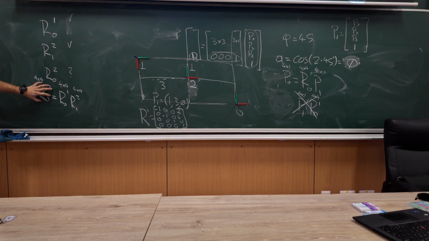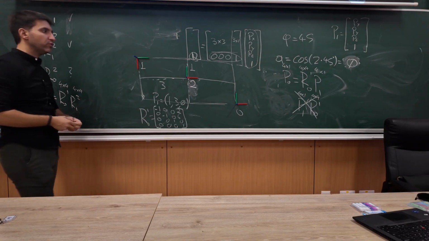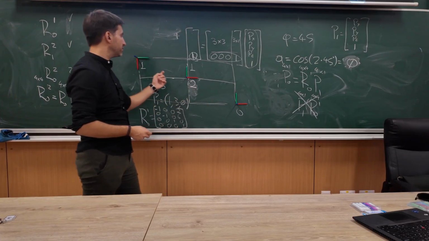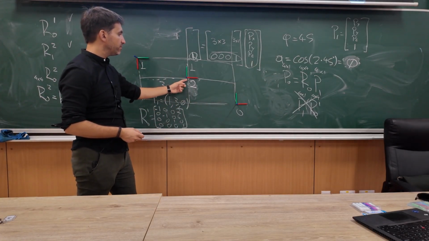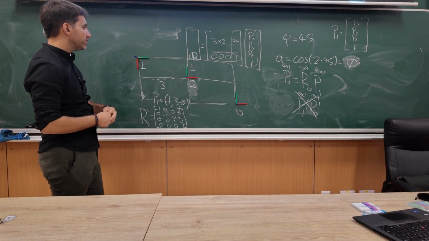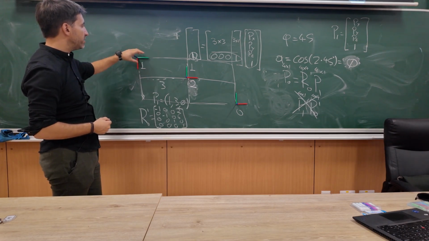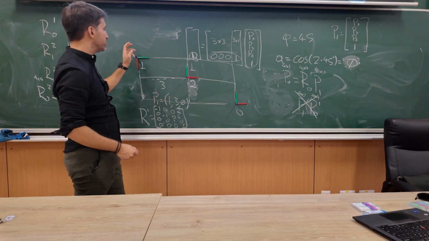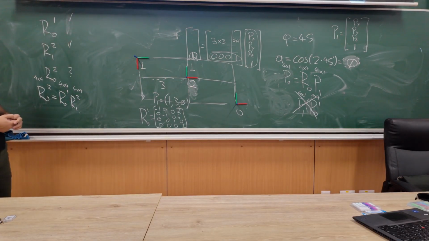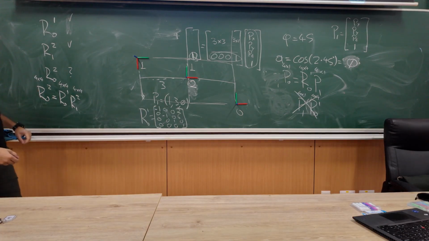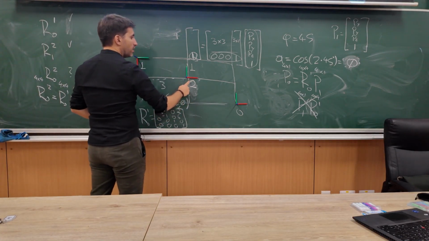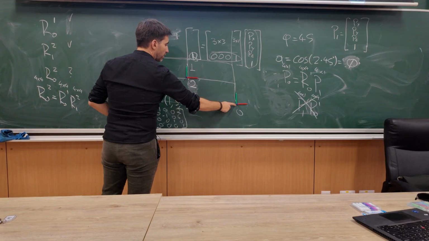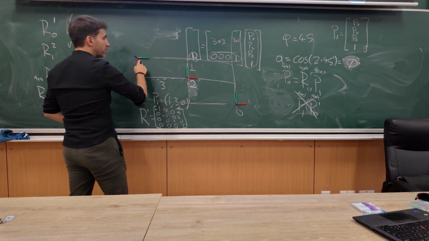Once again, these represent the transformation: how do I go from 0 to 1 and from 1 to 2? And it also expresses the orientation of 1 with respect to 0, or the orientation of 2 with respect to 1, right? So if I want to go from 0 to 2, I can go from 0 to 1 and from 1 to 2.